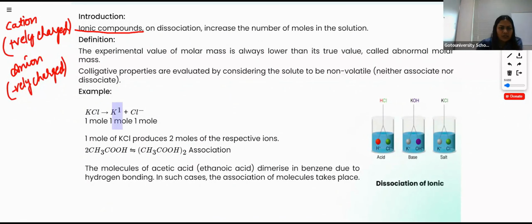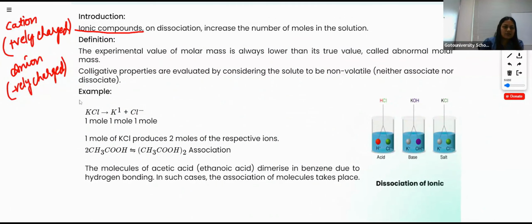But if we calculate the molar mass of potassium and chlorine separately, this will be lower than its true value. So 1 mole of KCl will produce 2 moles of respective ions. Here we have 1 mole of KCl and here we have 2 moles.